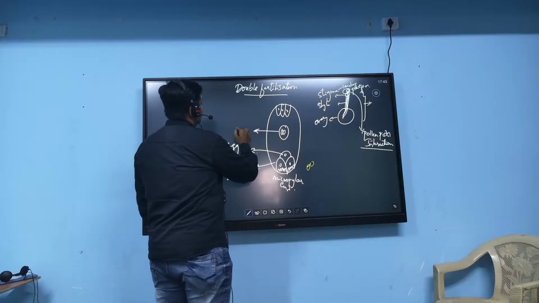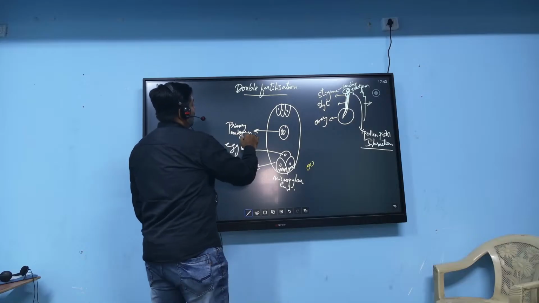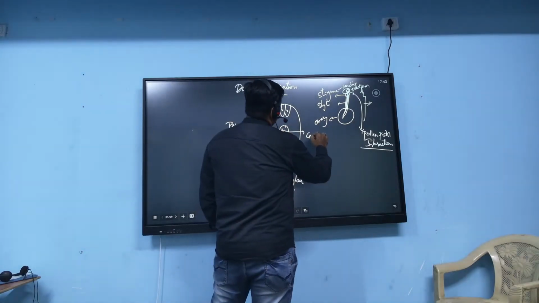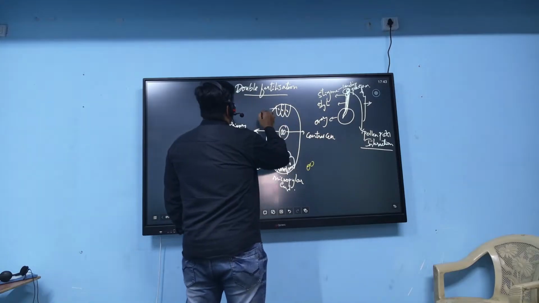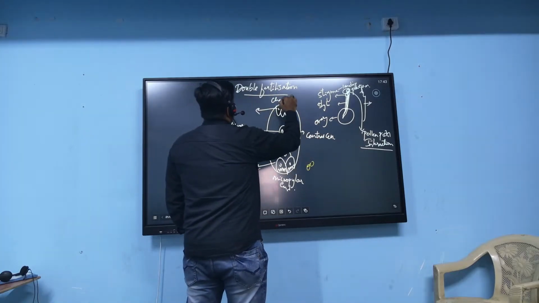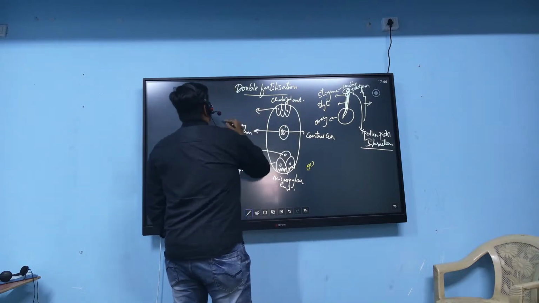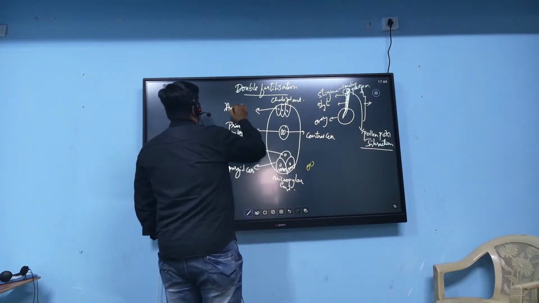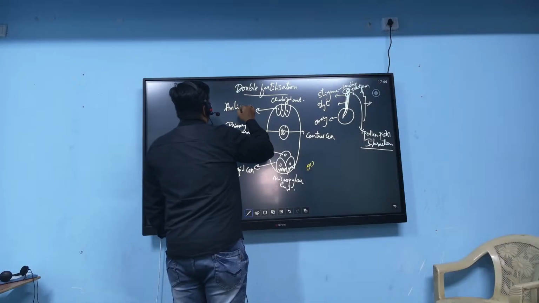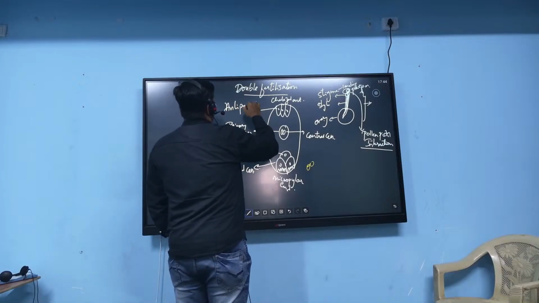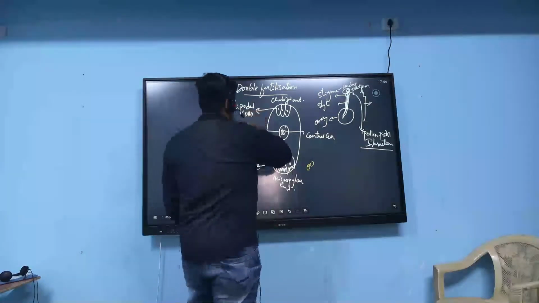Here is the primary endosperm cell, or we can also call it the central cell. This end is called the chalazal end. Three cells on the chalazal end are called antipodal cells.